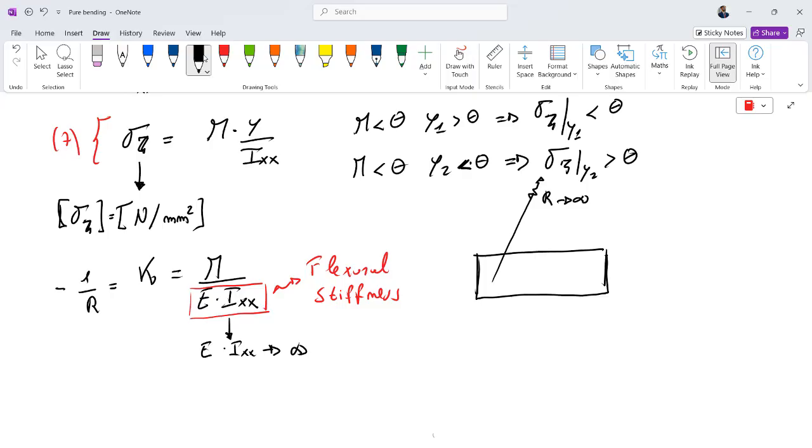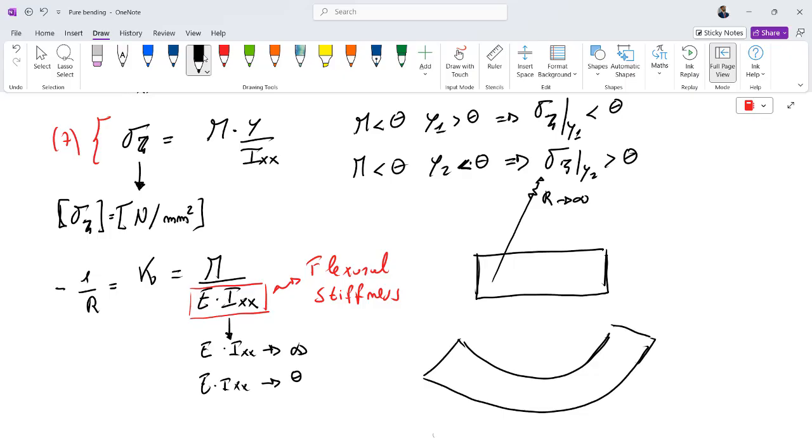When instead E times Axx approaches 0, we have the opposite. The beam is completely bent, and we have a small radius, and C approaches near the beam. So here C approaches infinity, here C is next to the beam, and the radius is very short.